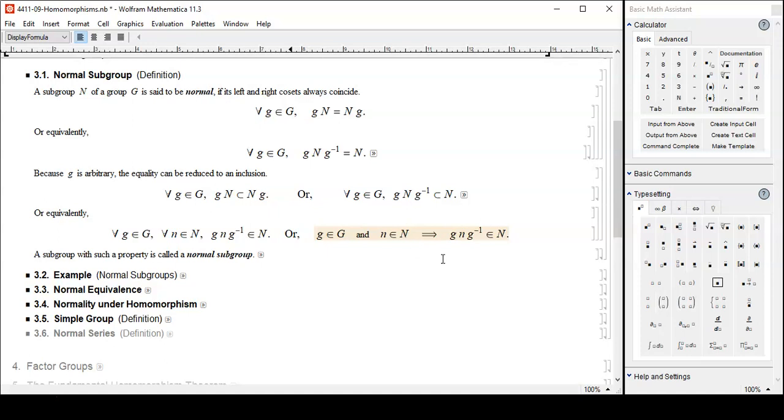Now this statement with the double arrow versus this statement with universal quantifiers, those are equivalent, they're the same. By now, everybody must have got used to this, but let me re-emphasize once more. What do you mean by this double arrow statement? This means this conditional statement is a tautology. It's always true. It works for all g and n.